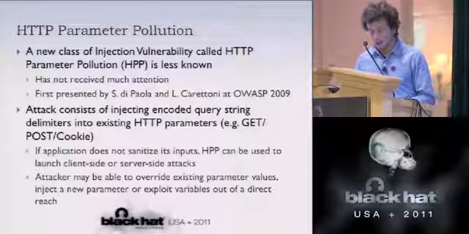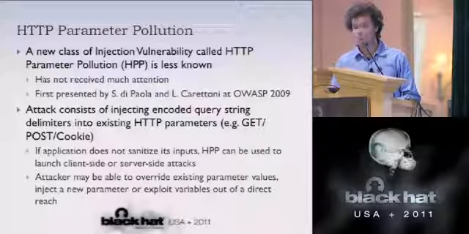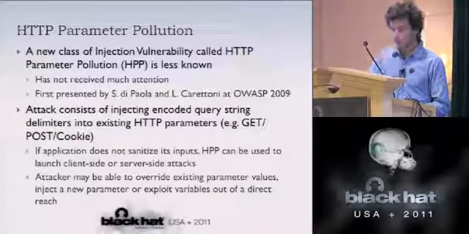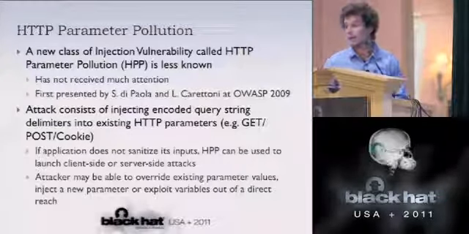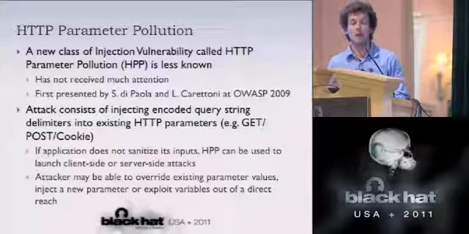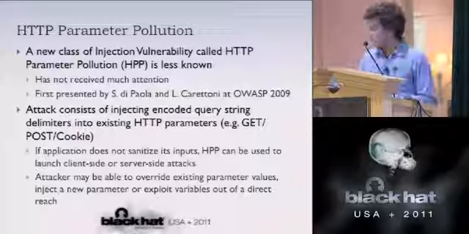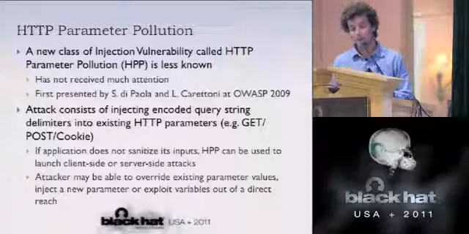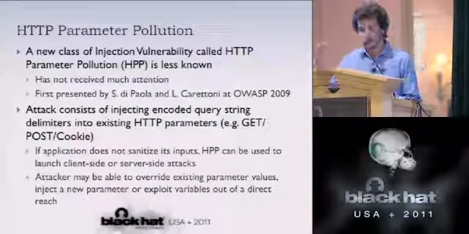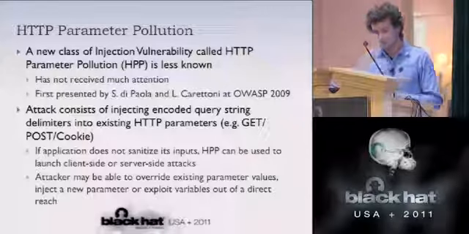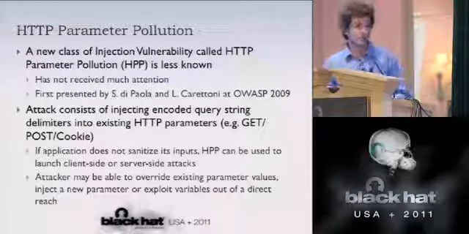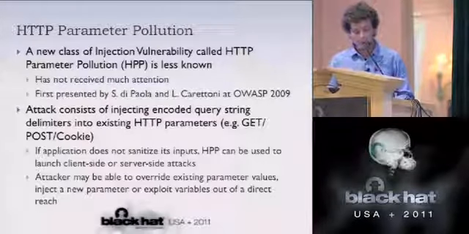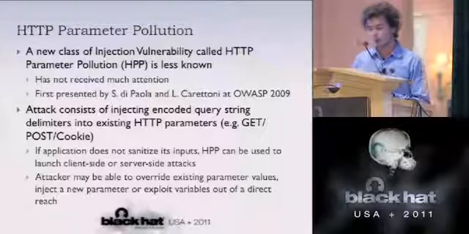This is why we are here to talk about parameter pollution, because we would like to show that a lot of internet sites are affected by this new class of web vulnerability. In two words, the attack consists of injecting a query string delimiter, usually the ampersand, or the encoded version of it, in existing HTTP parameters that are passed to the application using GET and POST. The problem arises when the application does not correctly sanitize its input.